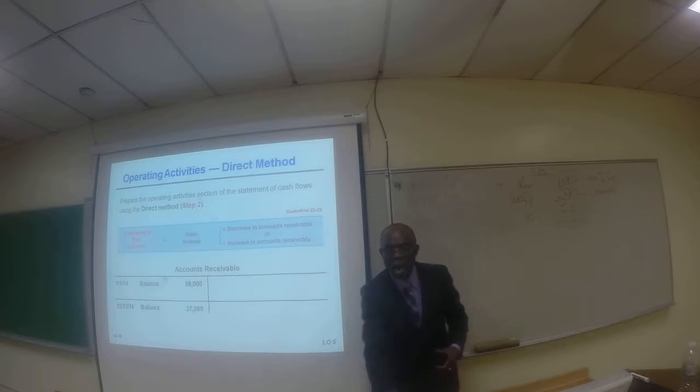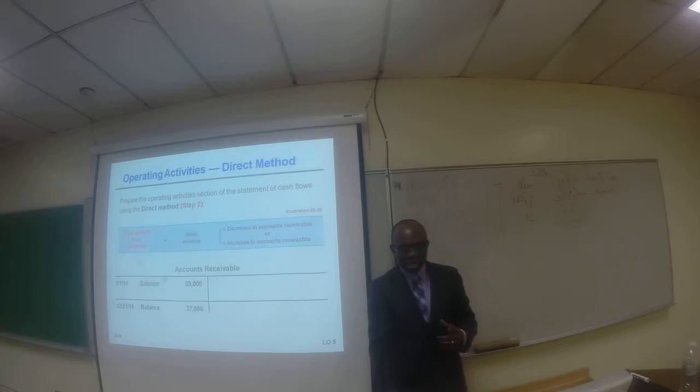So we need to add the decrease in accounts receivable. If that doesn't make sense, before it makes sense to you, just memorize it, okay? And just get the question and move on. Somewhere along the line, it will make sense.